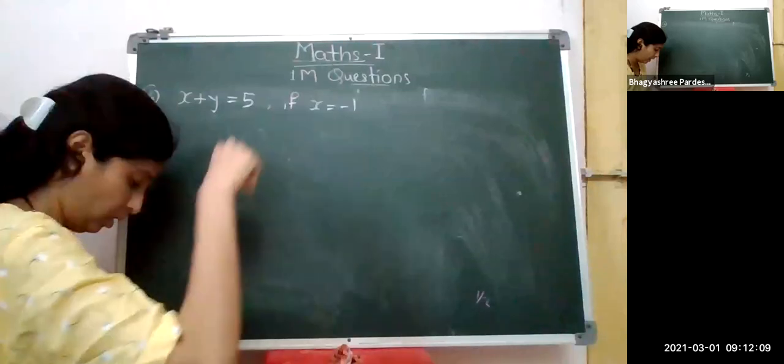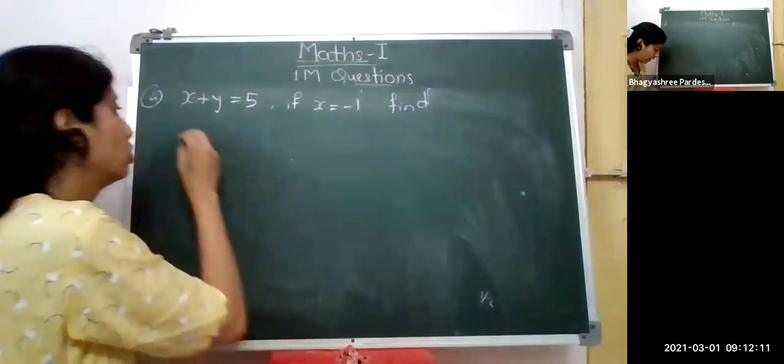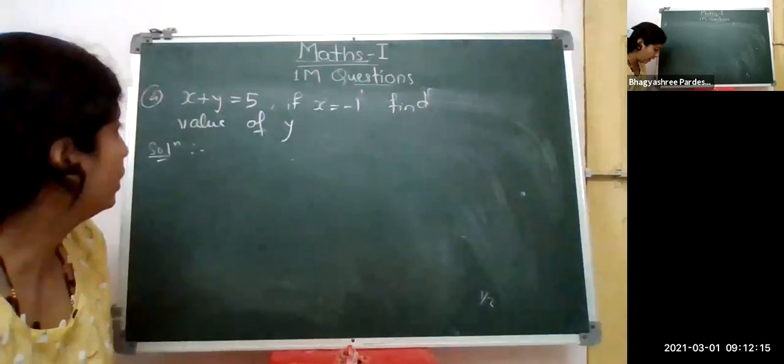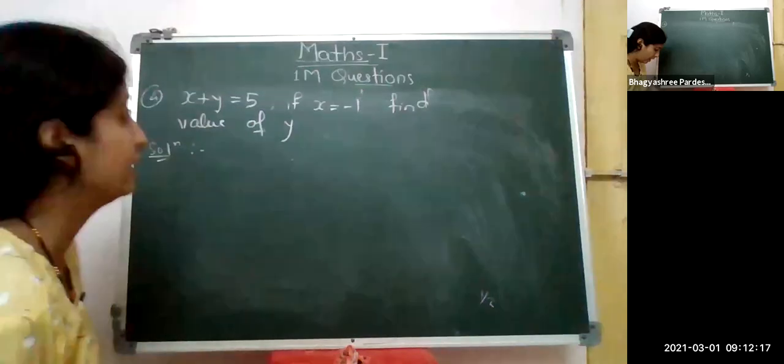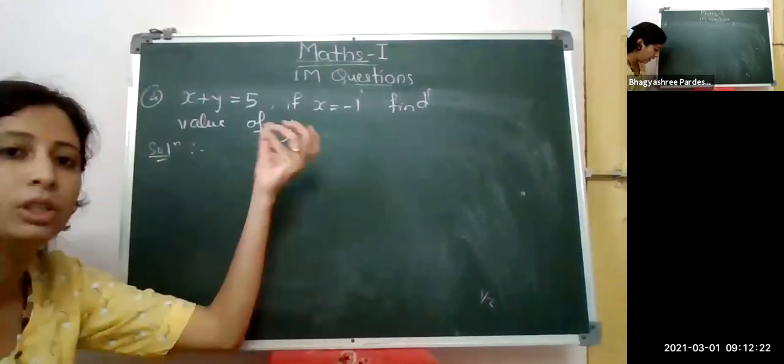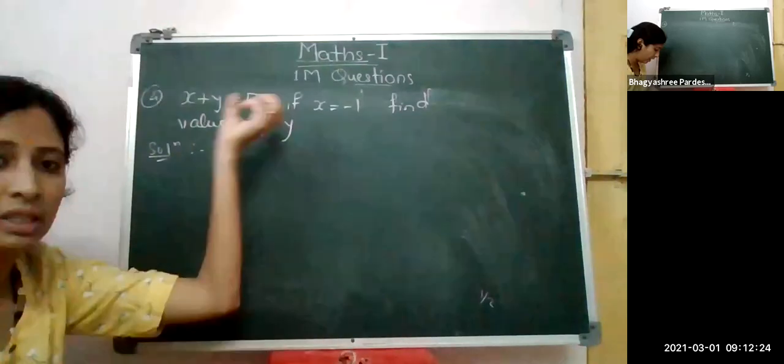Can we say the questions are repeating, students? Numbers are changing here. For drawing the graph of this equation, we are given that x equals minus 1, and you simply find the value of y here. Just substitute the value of x to get the value of y.